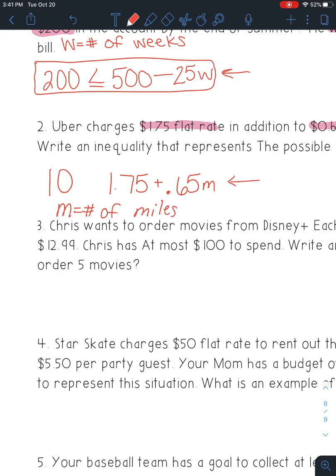Okay, so this part right here is representing what her fee is, or what she's going to have to pay that Uber. Do we want what she has to pay the Uber to be bigger or smaller than the 10? Well, if she's only got $10, what she pays the Uber has to be smaller than 10. Now, could that be equal to 10? Yes, it can, because she has $10. All right, there is our second one.